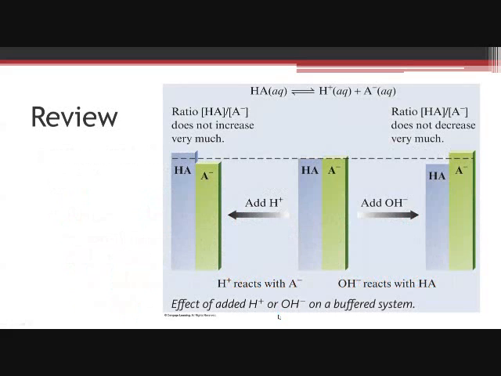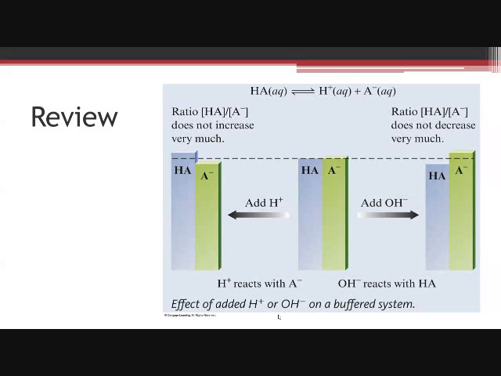So this is just a little review to show how the concentrations of the acid and the conjugate base relate to each other. So the shift left, when we add more hydronium ion or proton, will increase the ratio so that we have more acid. And when we have more acid, looking at the left side, that would decrease the amount of the conjugate base.